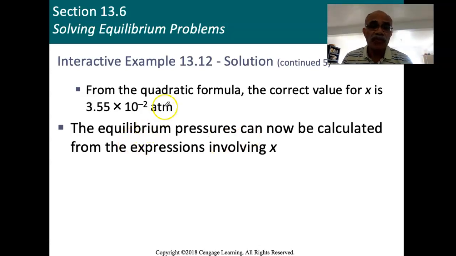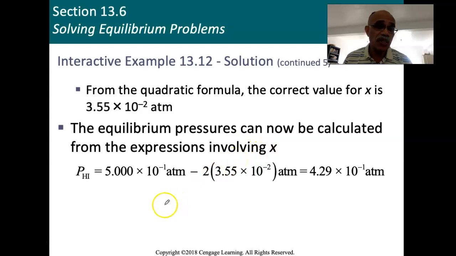So now we have the x, which is the change that we calculated, and from the change we can find the equilibrium quantities, in this case pressure. So now we can subtract 2x from the initial pressure of the product, and that'll give us the equilibrium pressure of the product.